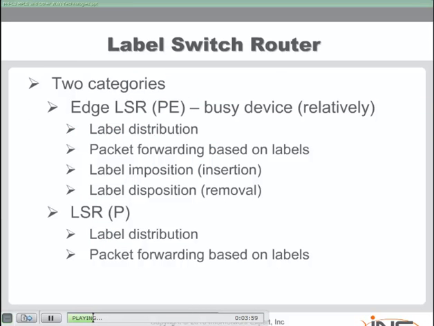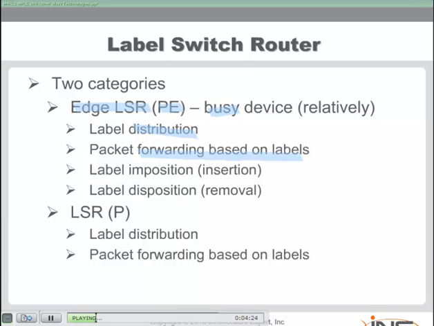We have MPLS capabilities in our networks today thanks to LSRs, what are called label switch routers. We have edge LSRs called provider edge devices. These are the relatively busy devices. They are taking care of label distribution. They're forwarding packets based on labels.